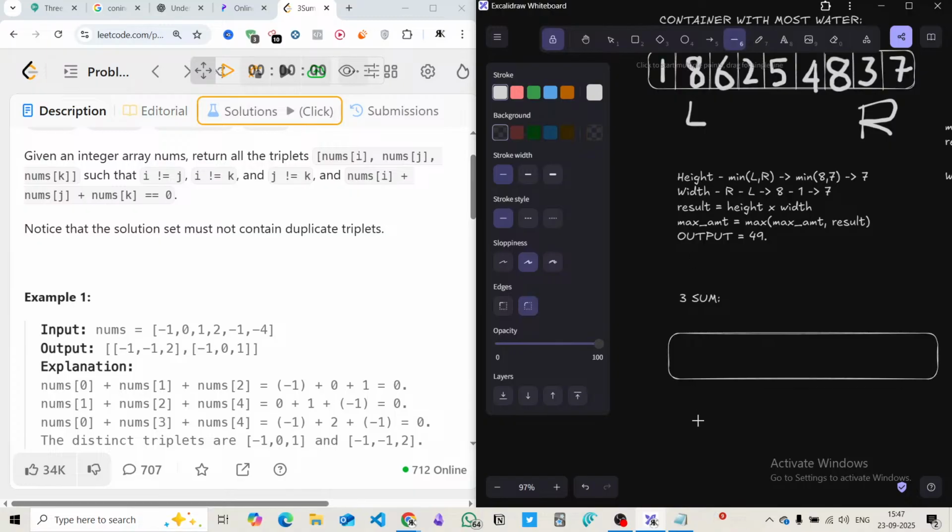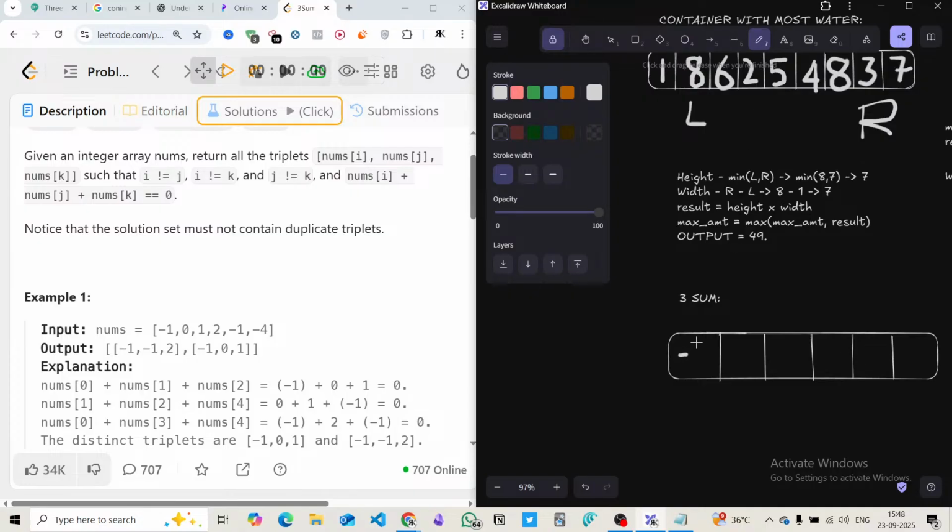Let's create an array: -1, 0, 1, 2, -1, and then -4.